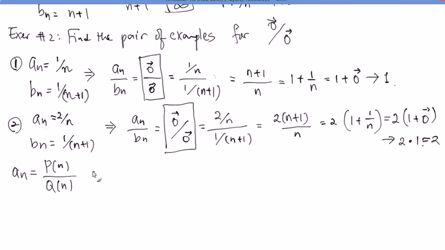Just look at the leading coefficient, right? The leading coefficient of p divided by the leading coefficient of q. Under what condition? If the degree of the numerator is equal to the degree of the denominator.